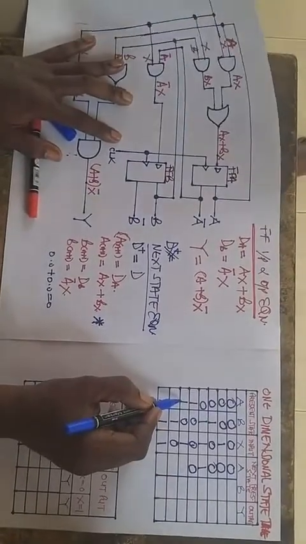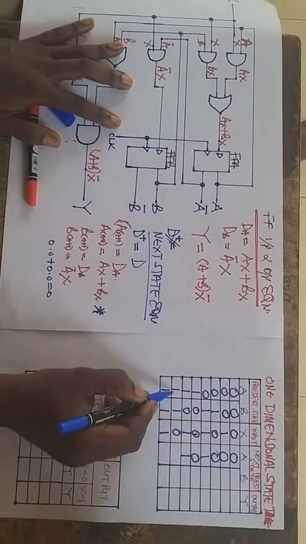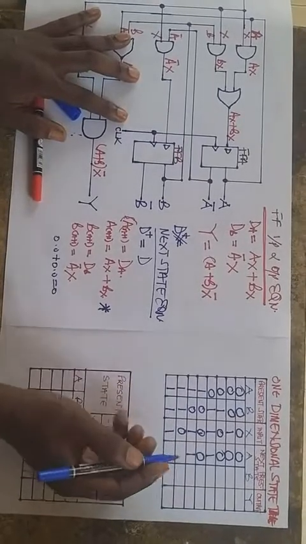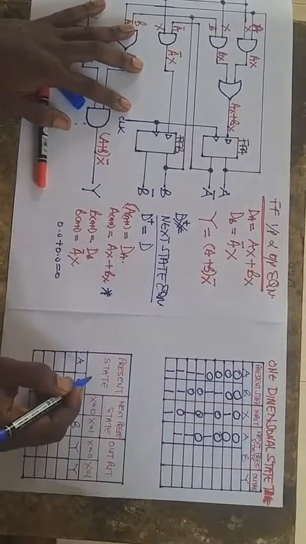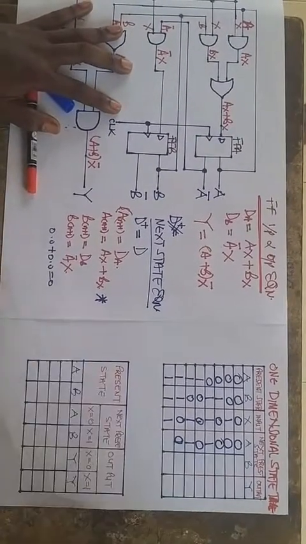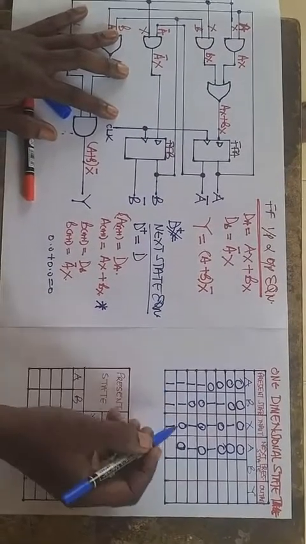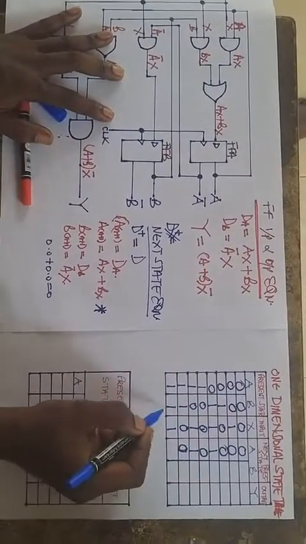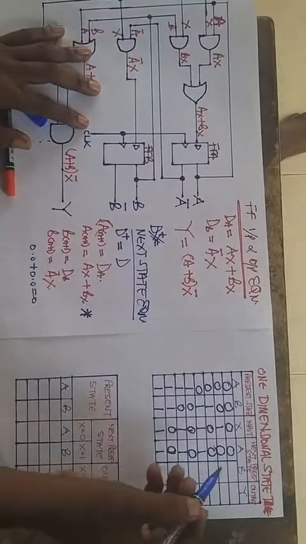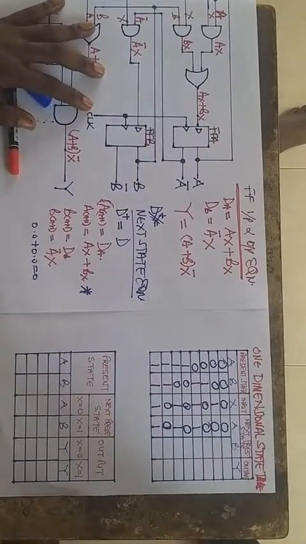Now A is 1, X is 1, so it will be 1. A is 1, B is also 1, 1 plus 1 is 1, multiplied by 1, you also get 1. Now X is 0 here, so here will be 0. Then here, 1 times 1 will be 1. So we're done with our A column.